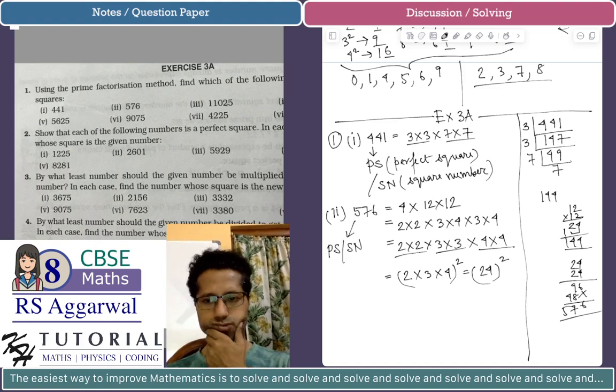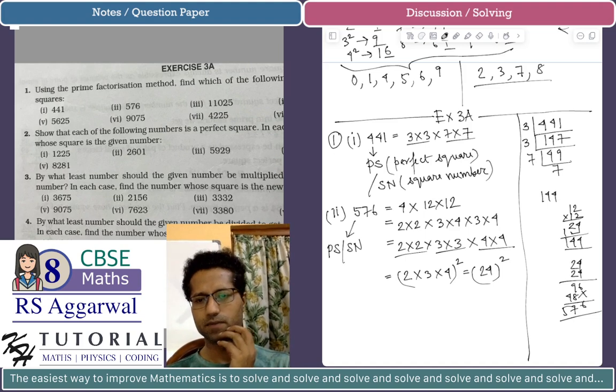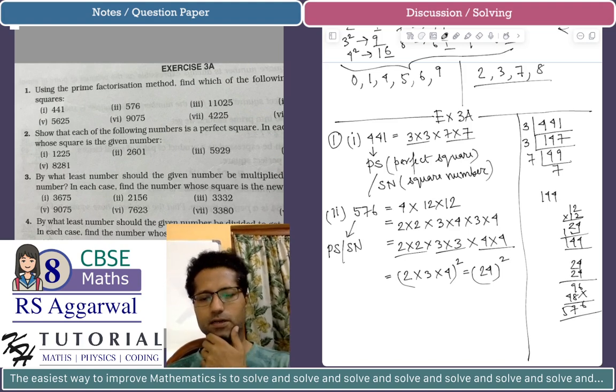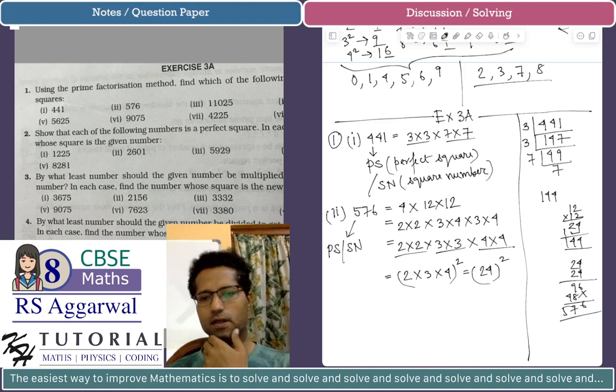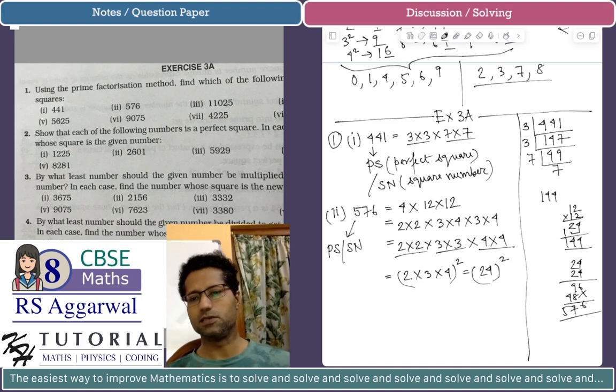We can clearly see the prime factors are 2 into 2 into 3 into 3 into 4 into 4. Now 4 into 4 we can write as 2 into 2, and another 4 as 2 into 2. So 4 into 4 will create 2 pairs of equal factors, where each factor is 2. So we can clearly see we are having pairs of equal factors.